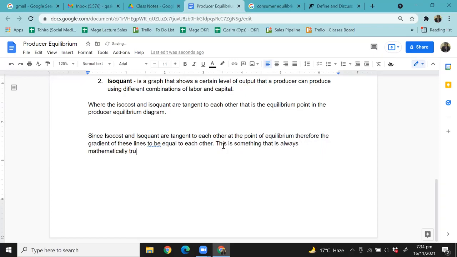Now, this being said, what is the gradient of isocost? Let's first talk about the gradient of isocost.